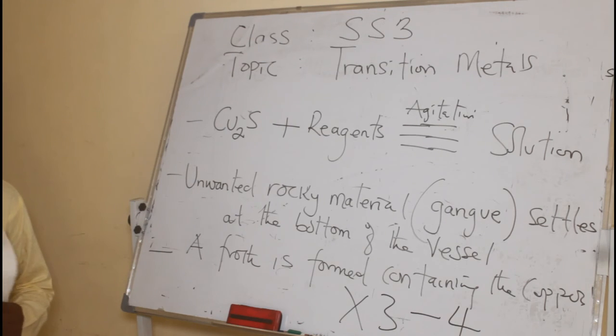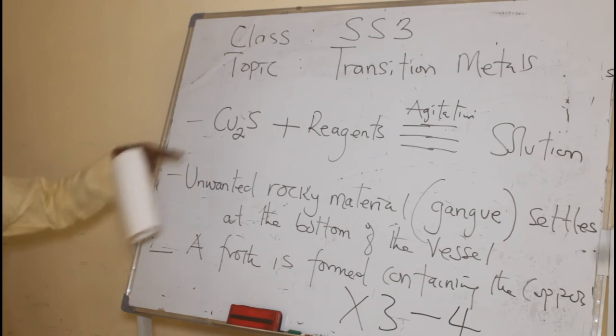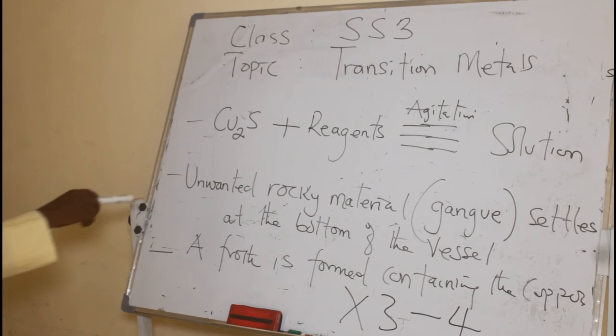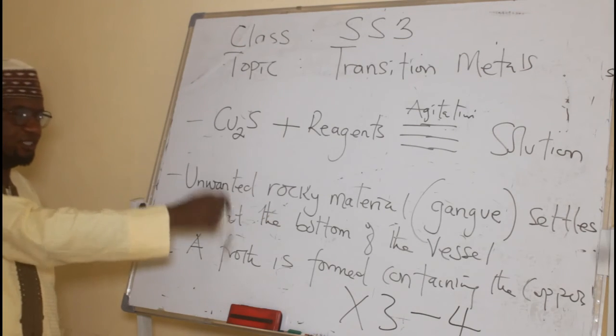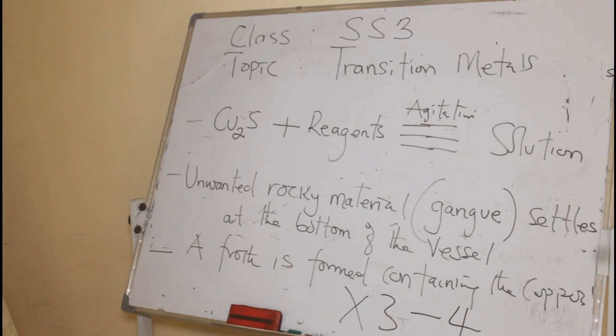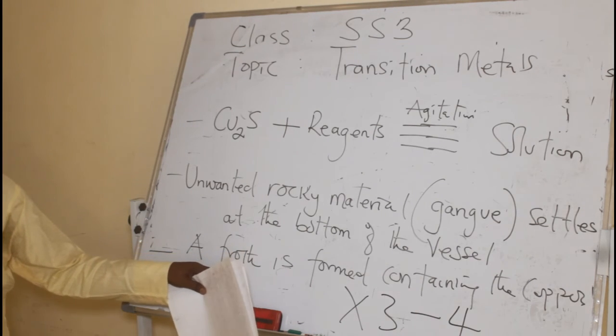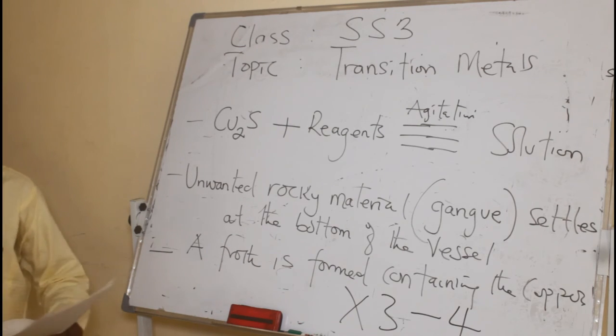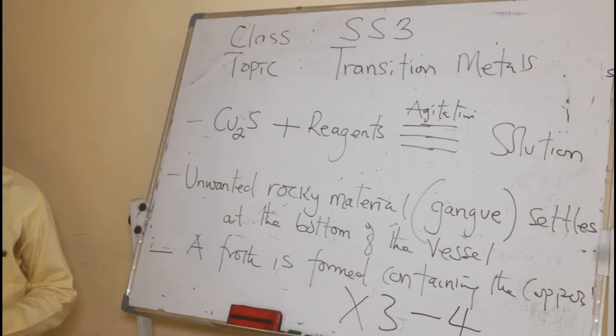Or you are still there? This is all your reagents, agitation, you form a solution. Then unwanted rocky material, which is the gangue, settles at the bottom of the vessel. After the froth formation, in which copper is trapped in the froth, you apply the whole procedure over and over again to make sure you have a total separation of the unwanted material.